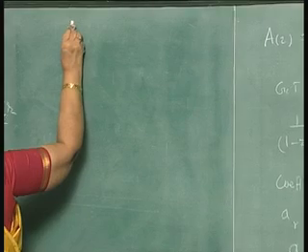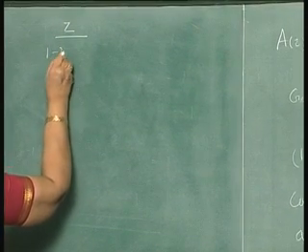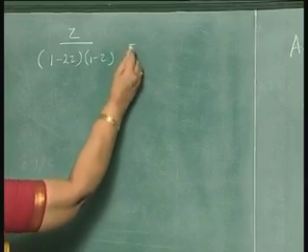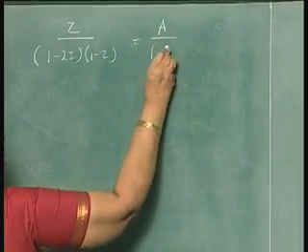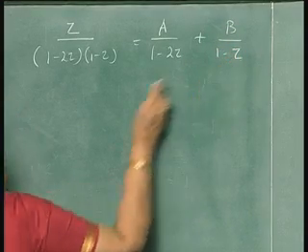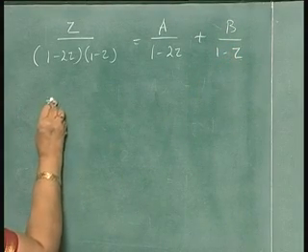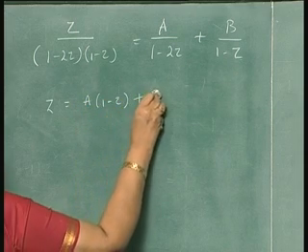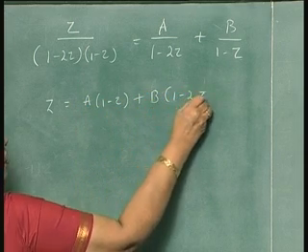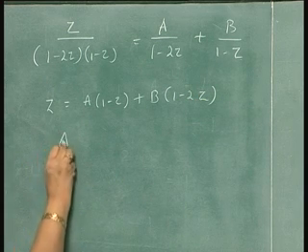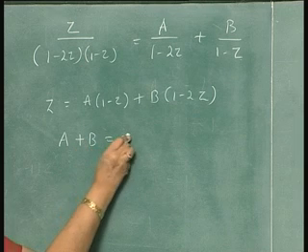So, resolving into partial fractions, let z by (1 minus 2z) into (1 minus z) be equal to A by (1 minus 2z) plus B by (1 minus z). So, in this case z is equal to A into (1 minus z) plus B into (1 minus 2z). Equating the constant terms, A plus B is equal to 0.